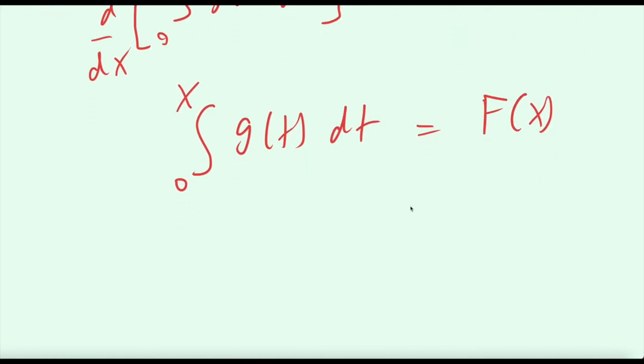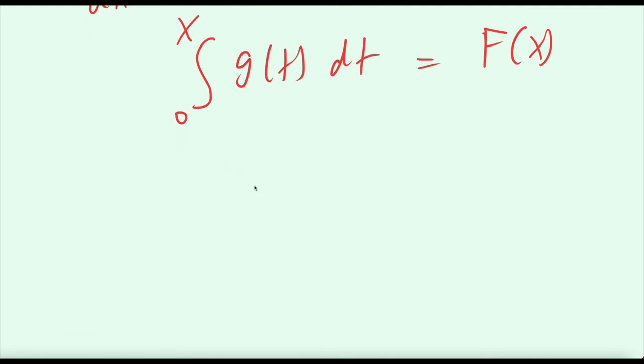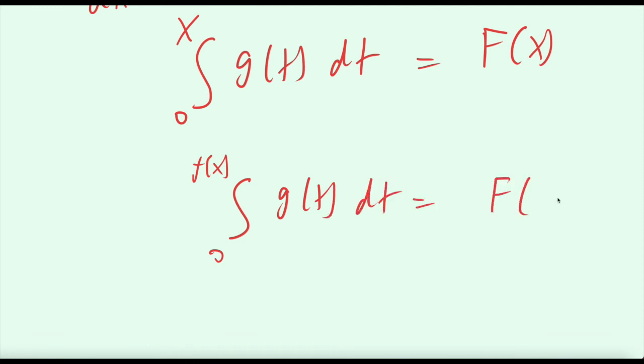So basically f of x is the antiderivative of g of x. Now if instead of x you put x square in the whole expression, or if you want to generalize it, you can make it the integral from 0 to f of x of g of t dt.